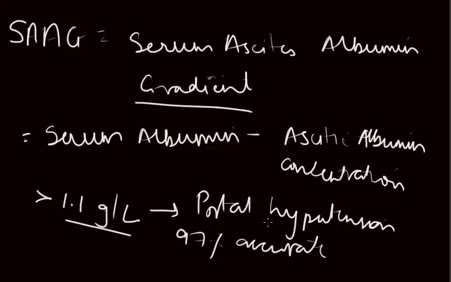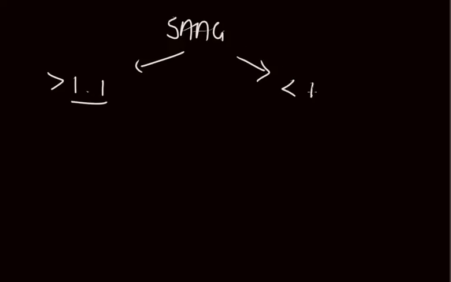I'm just going to end this little talk by going through some of the common causes of high SAAG and low SAAG ascites, and then we'll end the lecture. So you have a SAAG of more than 1.1, that is a high SAAG, and a SAAG of less than 1.1.